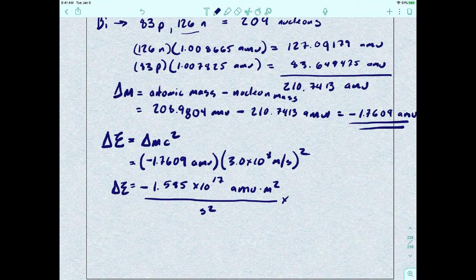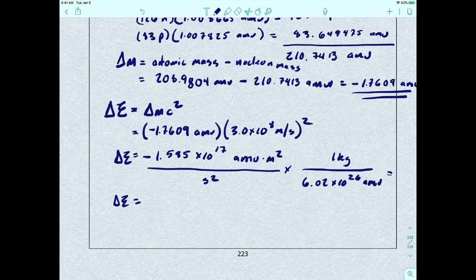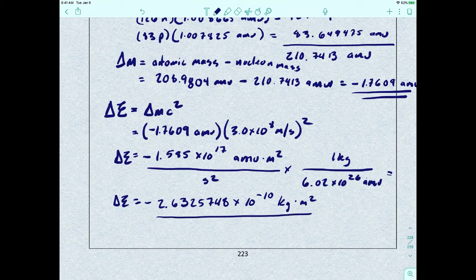Now, we need to convert AMU, because that doesn't mean a whole lot to us, to kilograms. We have the conversion factor that 1 kilogram is equal to 6.02 times 10 to the 26th AMU. So now delta E comes out to be negative 2.6325748 times 10 to the minus 10th kilogram meter squared per second squared.